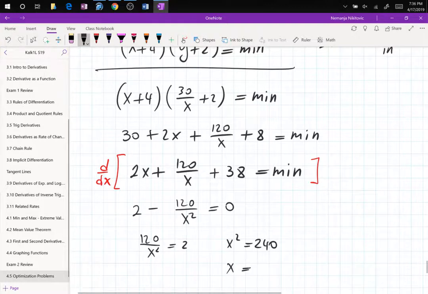Now square root of 240 should have a positive and negative answer. We are only going to keep the positive because we are interested in distances.